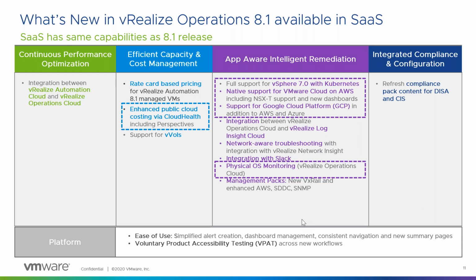And we're also adding on the cloud side support for Google Cloud Platform, in addition to the support we already have for AWS and Azure. So we're continuing to build on that multi-cloud support capability to give you a single place to view both your SDDC deployments as well as any deployments you have out in public cloud as well.